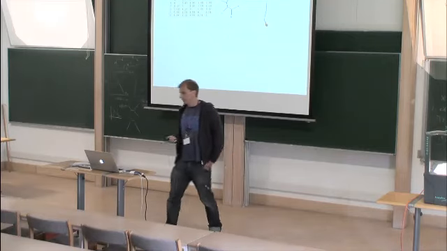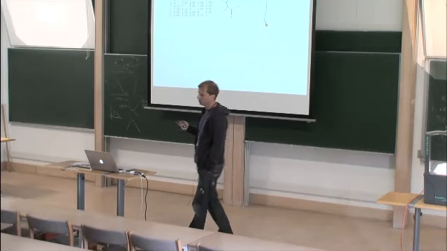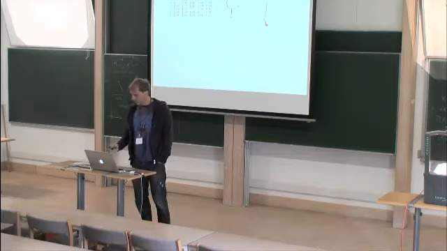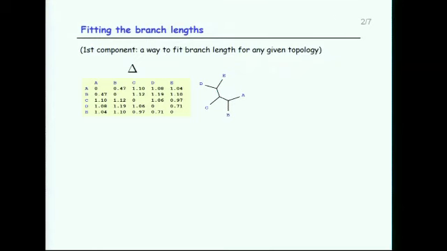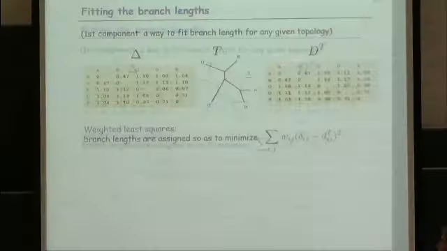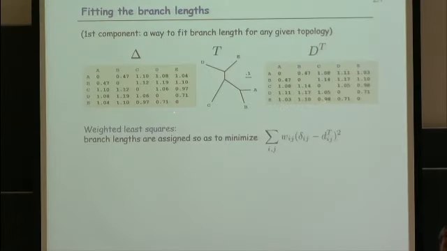So I'll concentrate on the first component, which is, as I said, fitting branch lengths. We have a distance matrix, we have a topology, and we fit the branch lengths so that the distances between each pair of taxa in the resulting tree are as close as possible to the distances in the input. These are the lengths of the paths between each pair of taxa, A and B. This is the length of this path here.